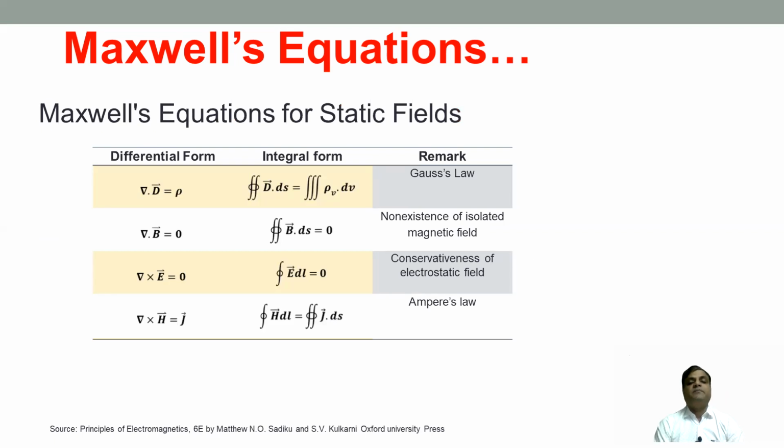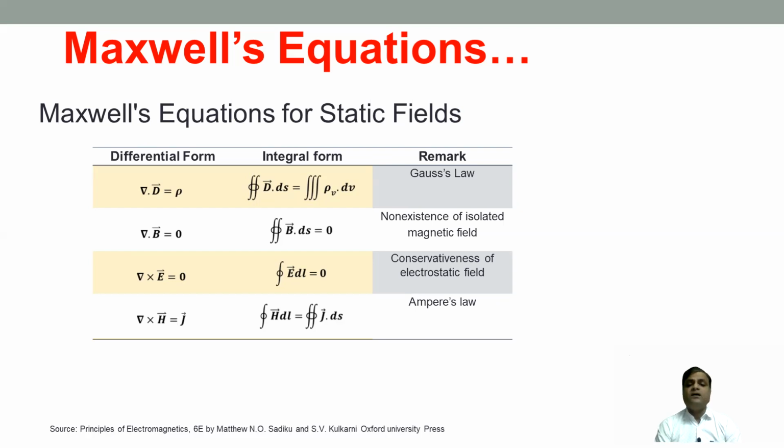Then we summarize the Maxwell equations for the static form. The first Maxwell equation is derived from Gauss's law; details will be covered in later lectures. Similarly, Maxwell's second equation is due to the non-existence of isolated magnetic poles. We are all familiar with this concept: we are not able to separate the north and south pole of a magnet. That is responsible for the non-existence of isolated magnetic charge.